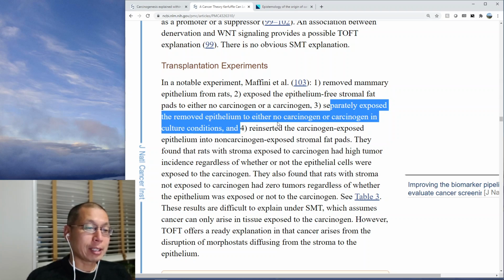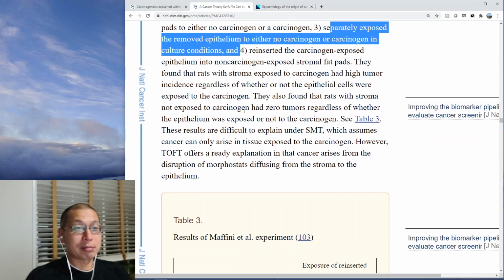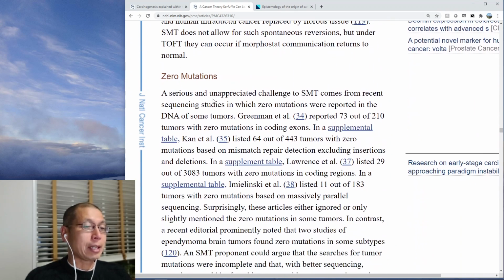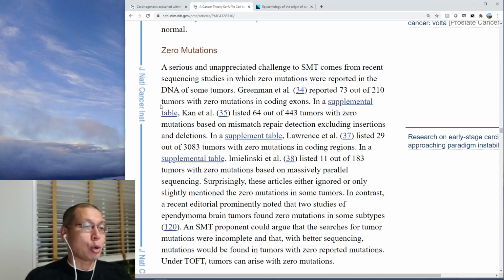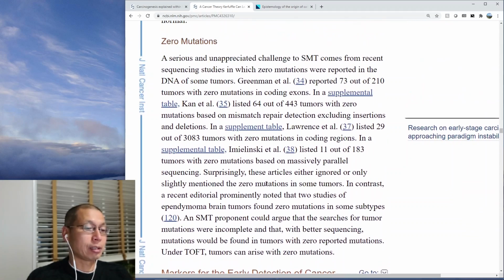But what they found out is that when they exposed the fat, that gave them cancer in the epithelium, which doesn't make sense under the somatic mutation theory. So that's very interesting. And then they also found out that basically when they sequenced a lot of tumors, they found a lot of tumors that have no mutations that they found by sequencing it.